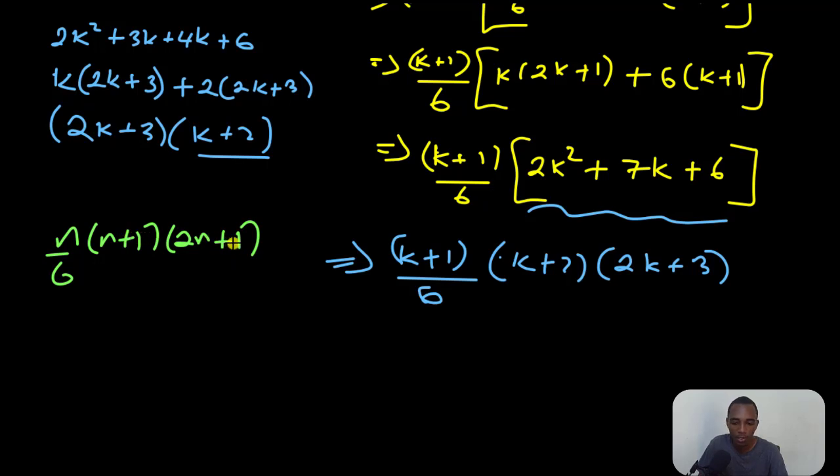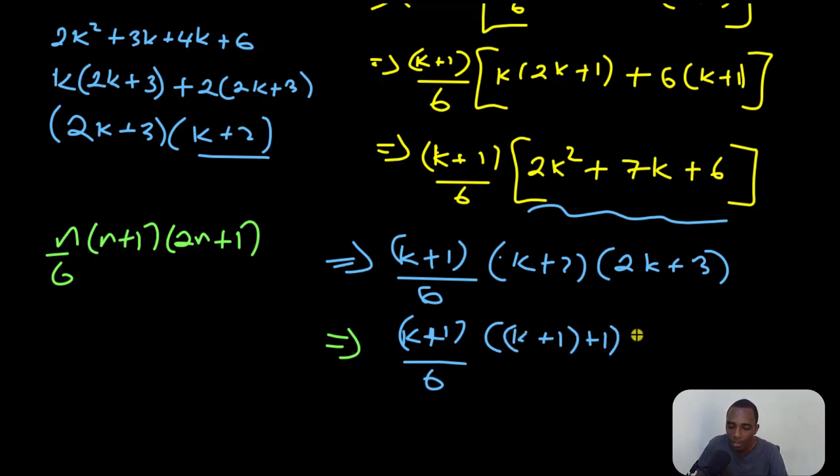Maybe I just need to clean up this a little, one step further. So I have k plus 1 over 6, then I have k plus 1 plus 1, then I have 2 into k plus 1 plus 1.